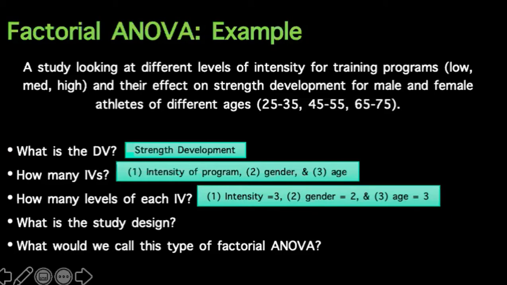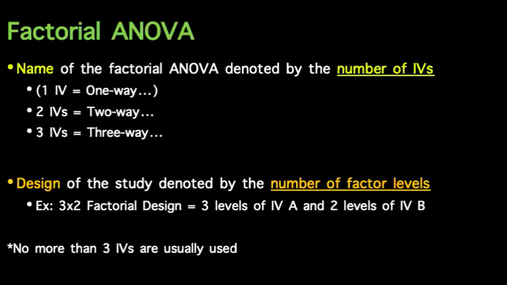In other words, how did we collect each of the variables? No, let's go backwards. How would you denote the design of the factorial ANOVA based on factor levels?